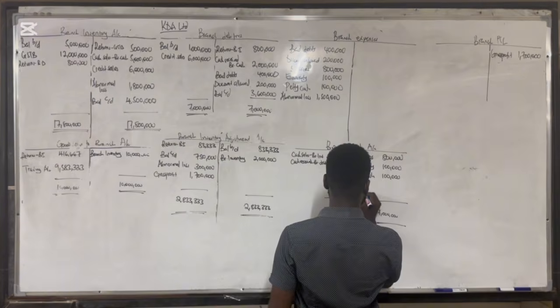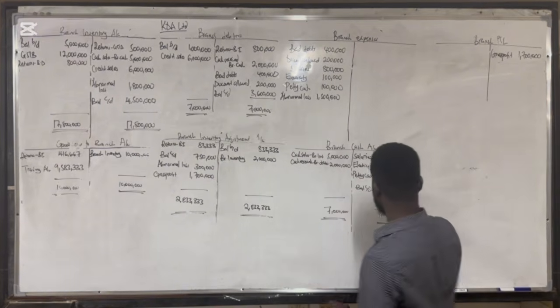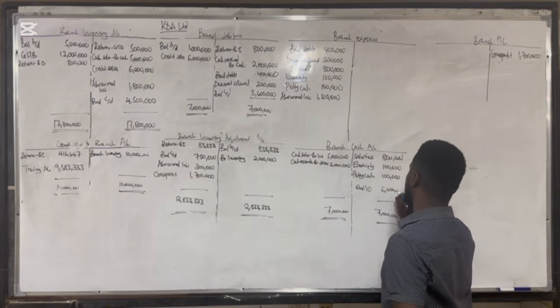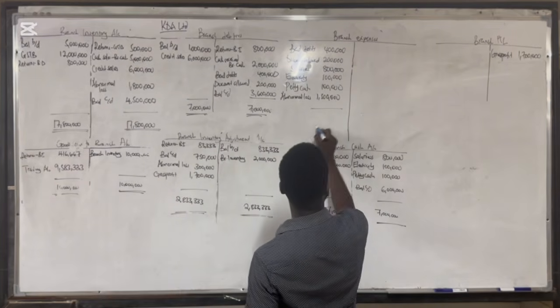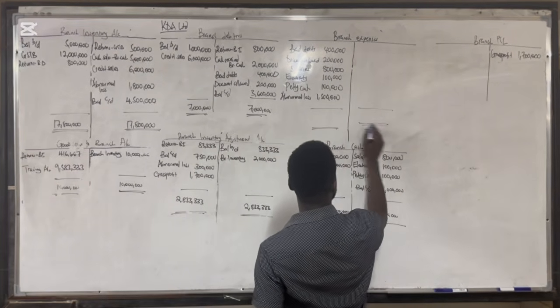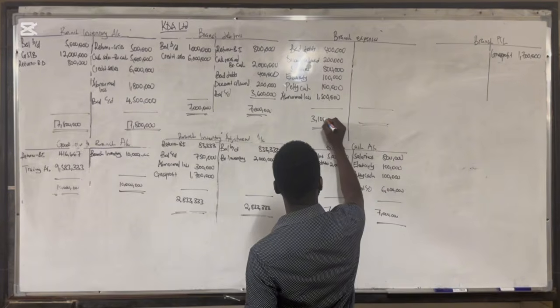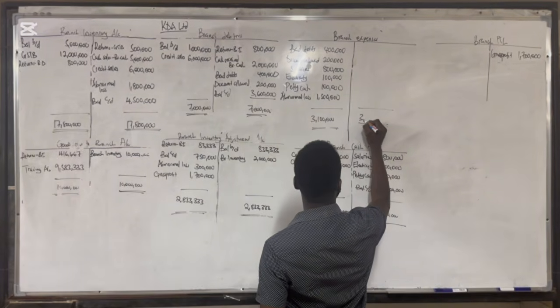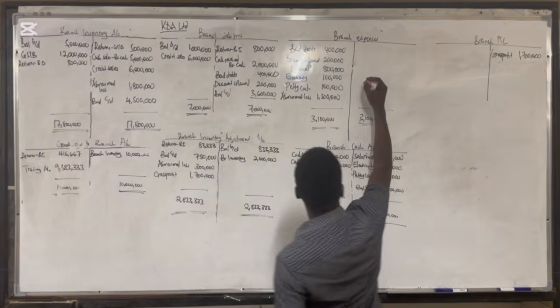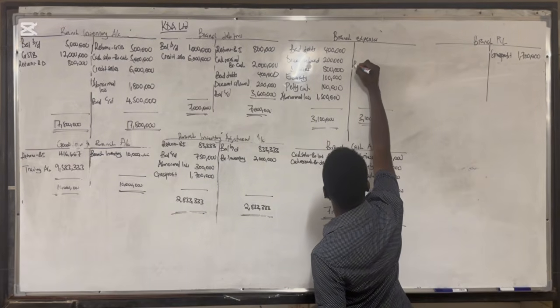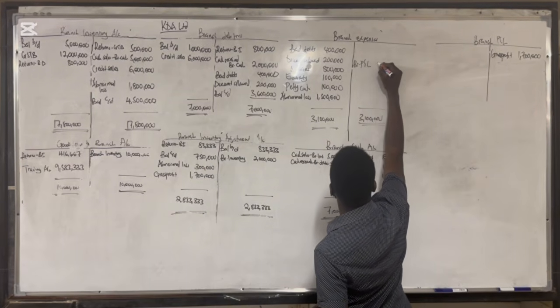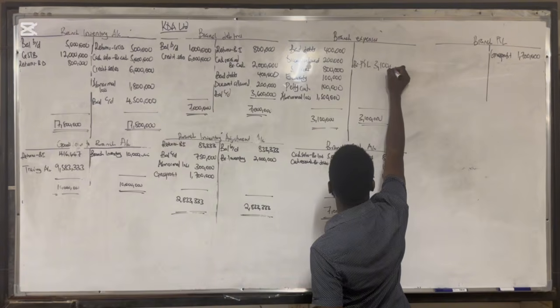And therefore our balance carried down is going to be 6 millions. Then when it comes to balancing off our expenses account, you're going to have 3,100,000. Therefore, for our branch profit and loss, you're going to take 3,100,000.